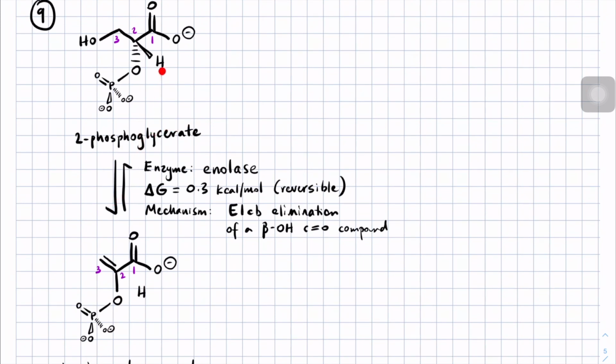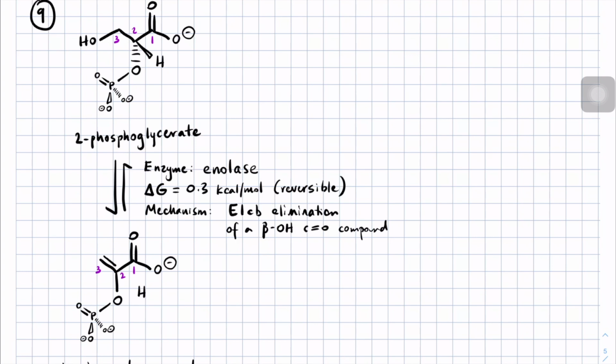We're going to convert it from 2-phosphoglycerate into a strange molecule called phosphoenol pyruvate. And the way we're going to do that is through an elimination reaction.